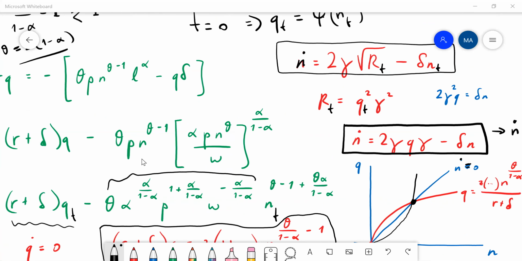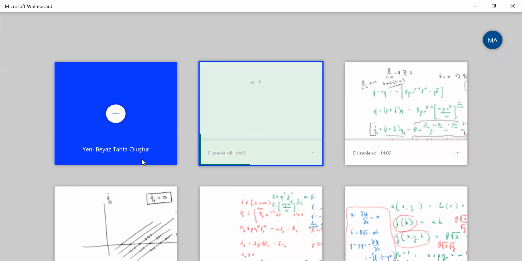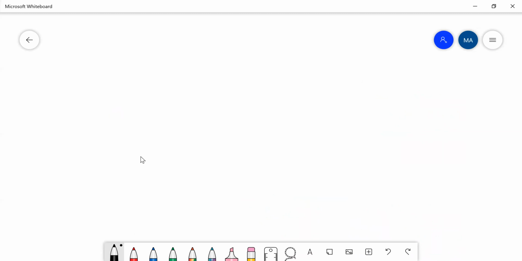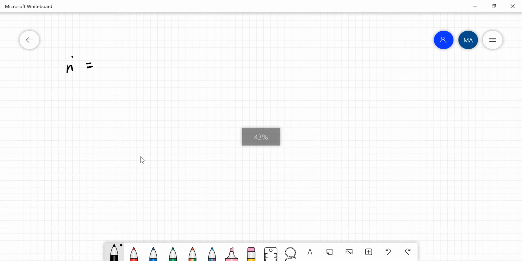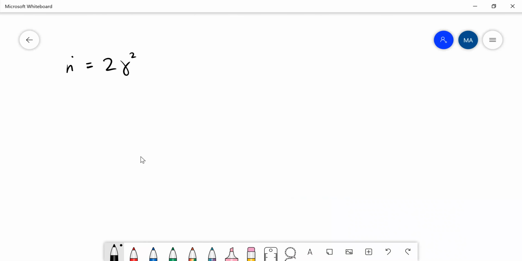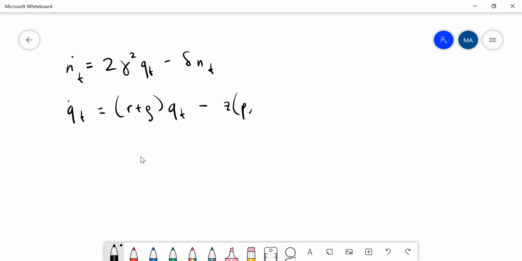So it is 2 gamma squared Q minus delta N. So it is 2 gamma squared Q(t) minus delta N(t), and you have Q dot equals r plus rho Q(t) minus some function of constants times N(t) to the power theta over 1 minus alpha minus 1.